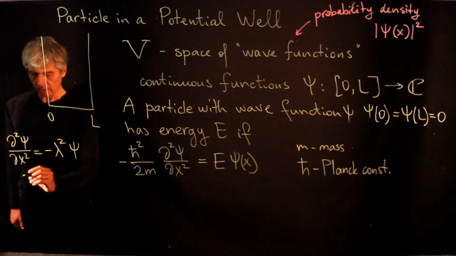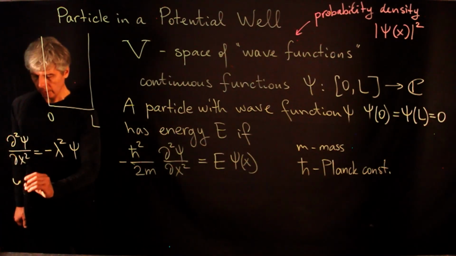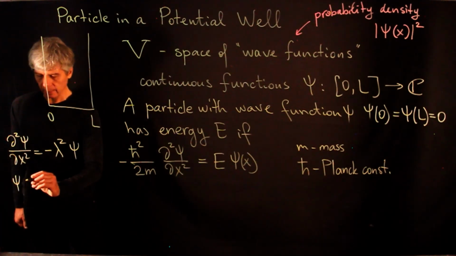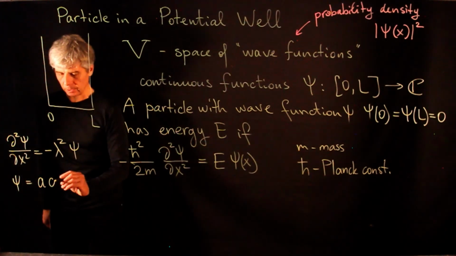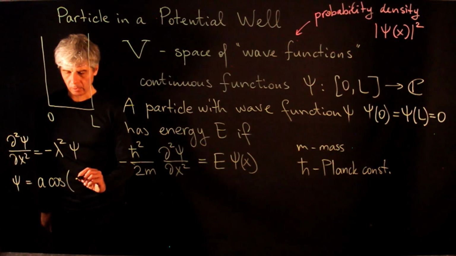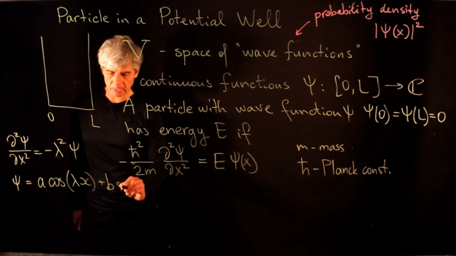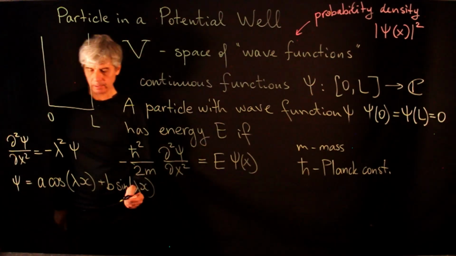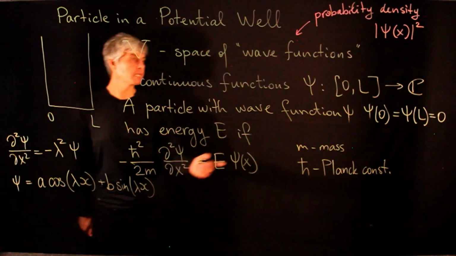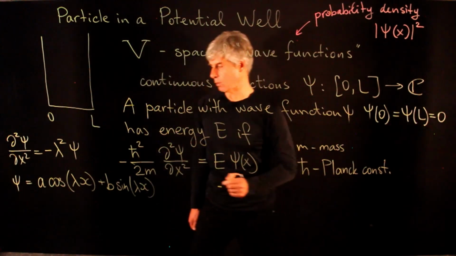This is fairly easy to solve. The solutions are psi equal to A times cosine of lambda x plus B times sine of lambda x. But now let us look at our conditions, that psi of 0 and psi of L are equal to 0.